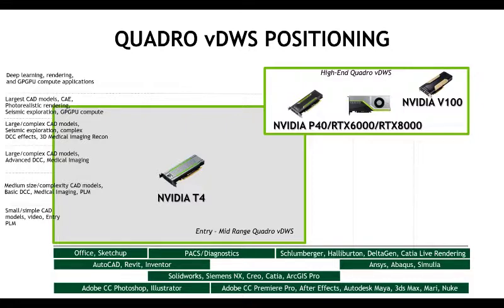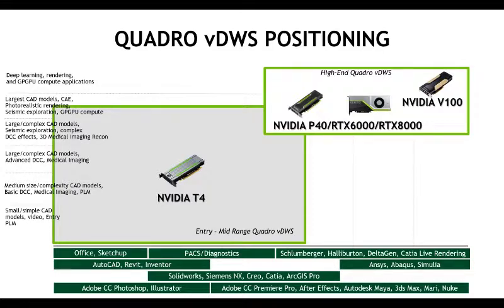So there are exceptions when you have to move up the stack to a P40, an RTX board, so an RTX 6000 or 8000, or even the V100, especially if you're looking for a double precision compute type workload. Traditionally, we do see that most customers who are currently virtualizing users or moving users into the data center can be accompanied with the T4.